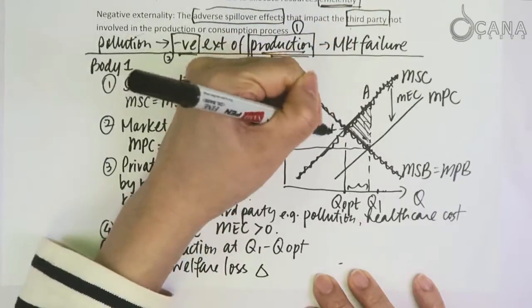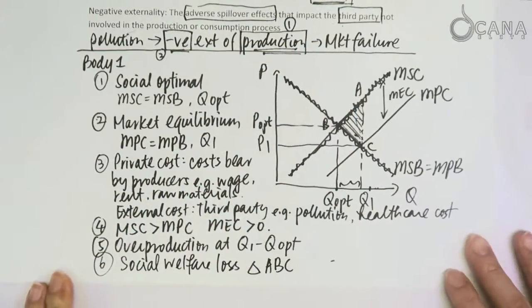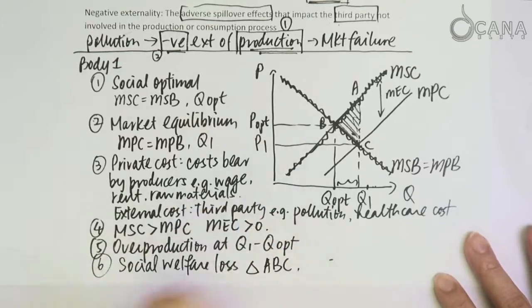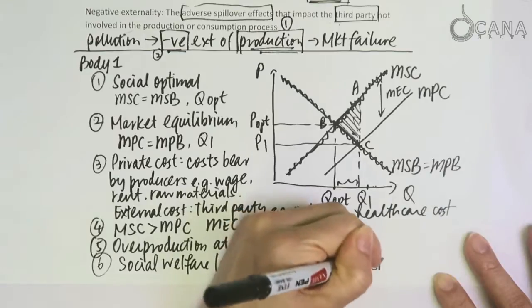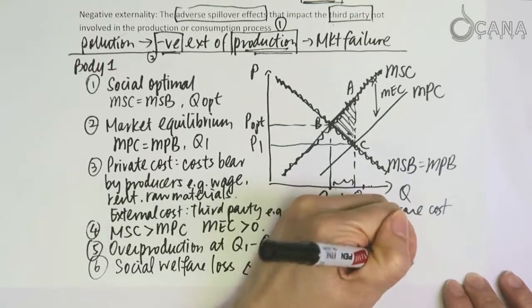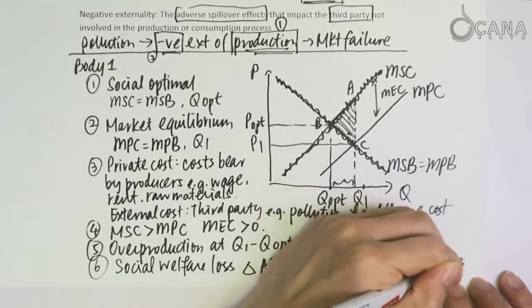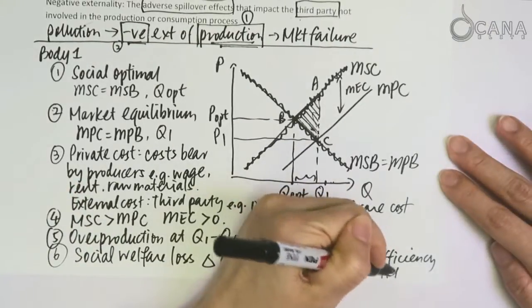Let's put A, B, and C on the diagram. And let's say that the MSC is greater than the MSB to show that you fully understand the context of social welfare loss. And that leads to inefficiency in the market. And that's why it's a type of market failure.